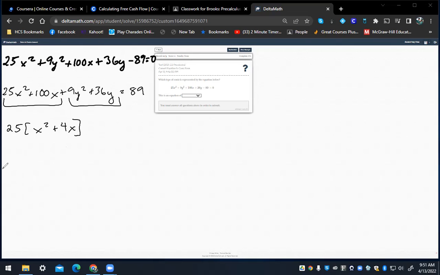In general, what you want to do is factor it out so that you have nothing in front of that x squared. What can I factor out of these two over here? 9, exactly. And you're going to have y squared plus 4y equals 89. Now we're going to complete the square on both of these.